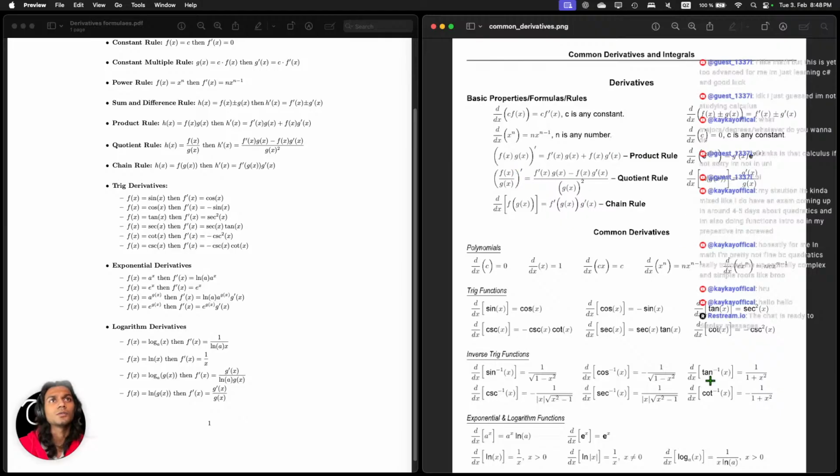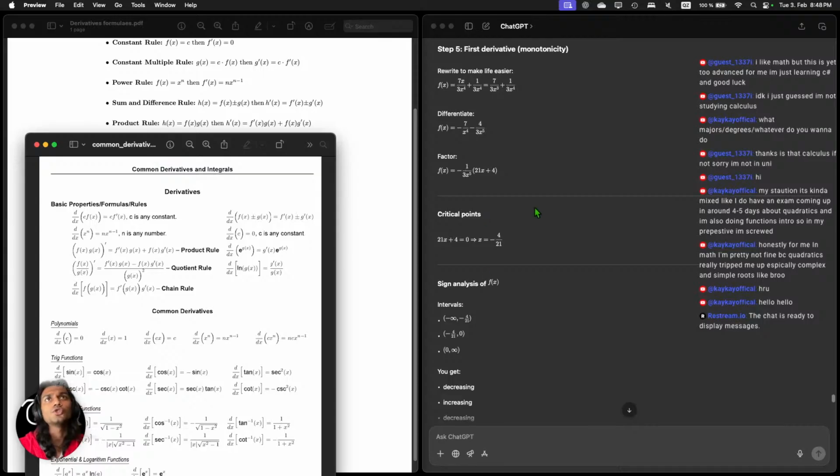Quotient rule, product rule. Wait. What did you use here? Okay.